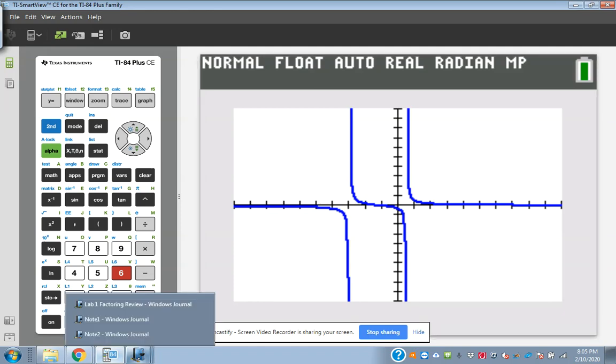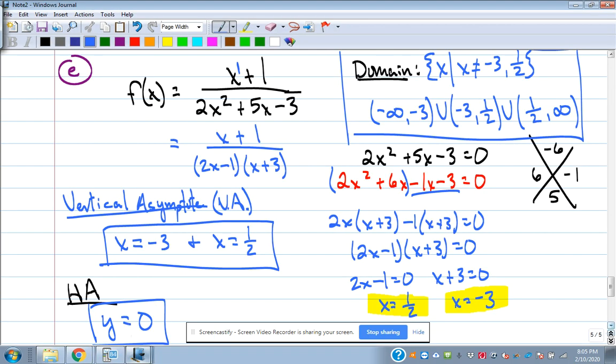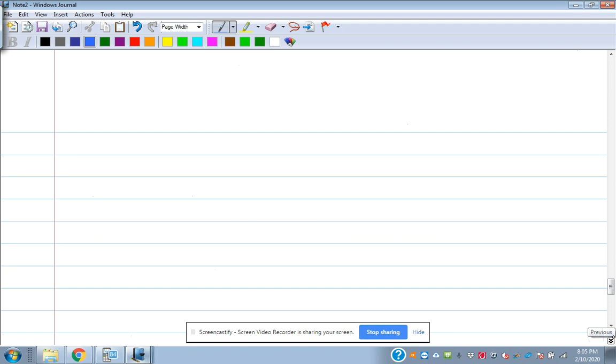All right. Let's do another. Same rules. Let's do f. F of x is equal to 4x minus 3 over x plus 1.